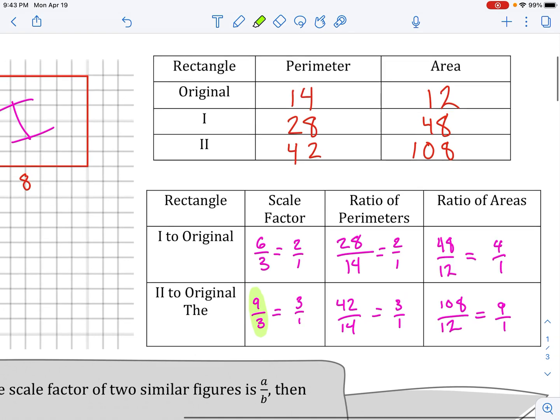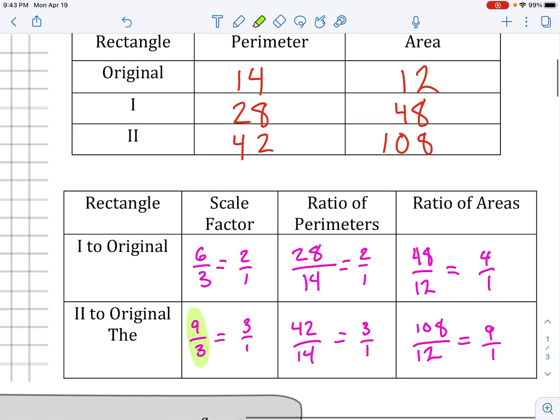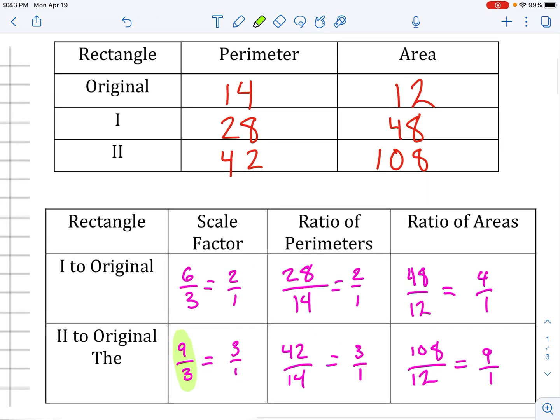For the ratios of their perimeters, all I have to do is look at my chart now. My perimeter was 28 to 14 for the first one. That's why I have that fraction there. And my ratio for the other one was 42 over 14. That's coming from here and here. I simplified all of those, and this is basically what the lesson is saying today.